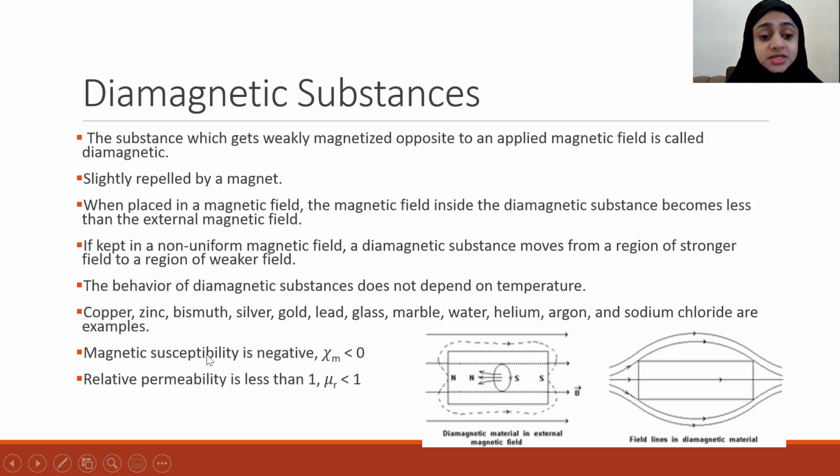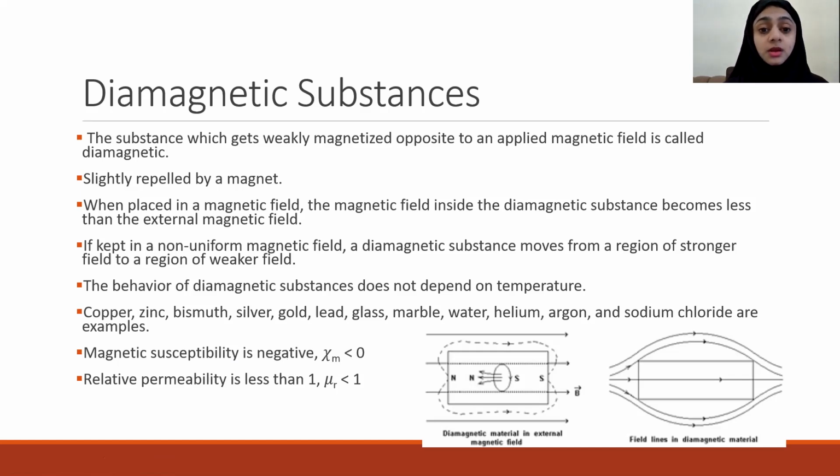Now, magnetic susceptibility of a diamagnet is negative. Chi m is less than 0. Can you tell why? We learned that susceptibility is I divided by H, where I is the magnetization produced inside the material and H is the applied magnetic field intensity.